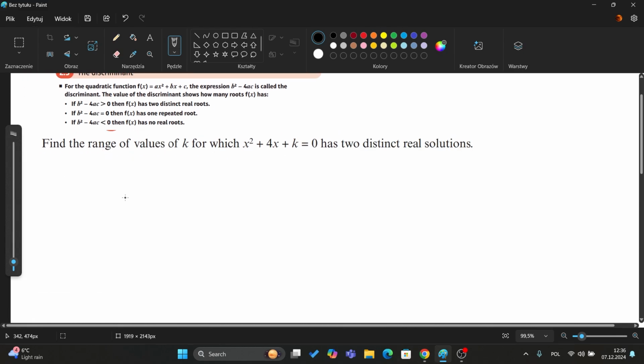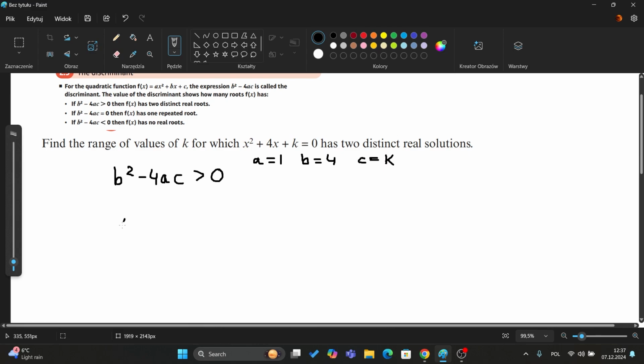Now the following example is going to make us find the range of values of k for which x squared plus 4x plus k equals 0 has two distinct real solutions. If we have two distinct real solutions, that means our b squared minus 4ac will be larger than 0, using this rule over here. That means we just plug in the numbers like so. a equals 1, b equals 4, and c equals k.